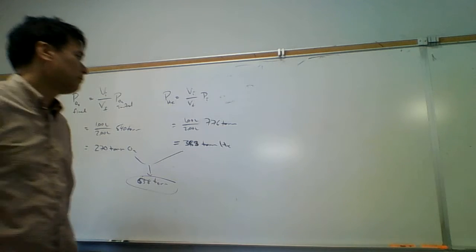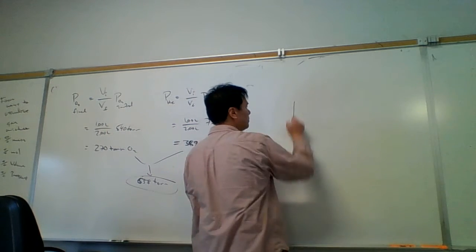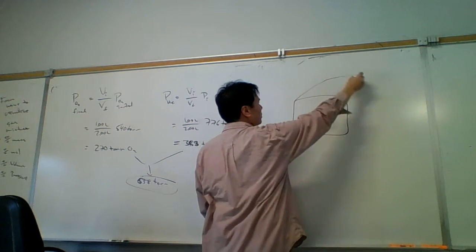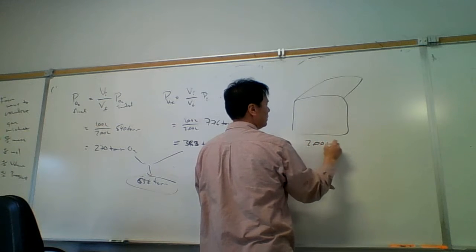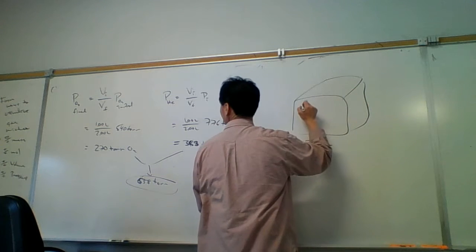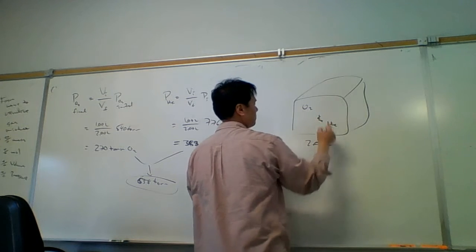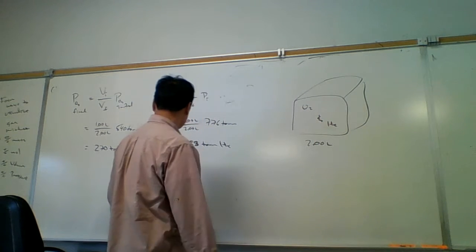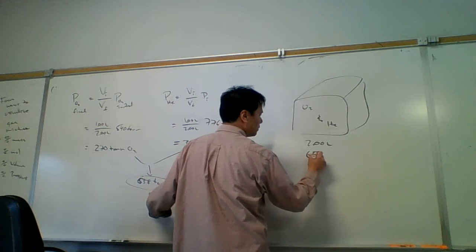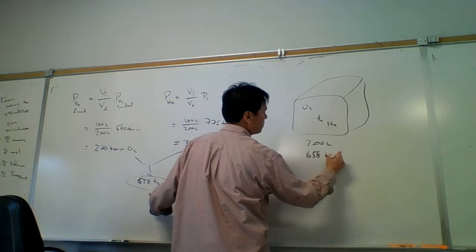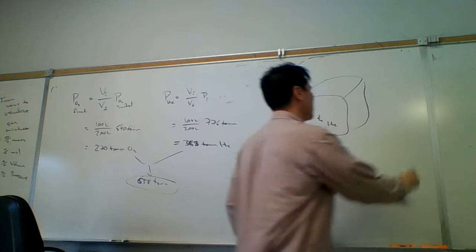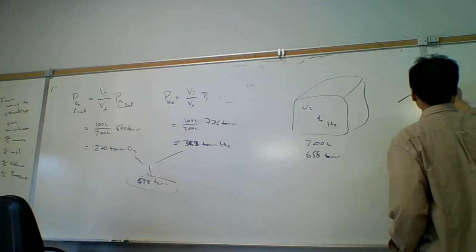All right, so in this particular problem, we're going to have 2.00 liters of mixture, and it's going to be oxygen and helium. And the total pressure is 658 torr. One way of visualizing it is by Dalton's.